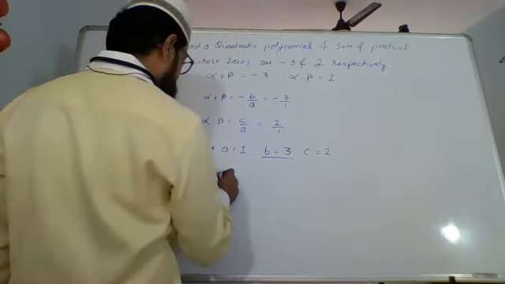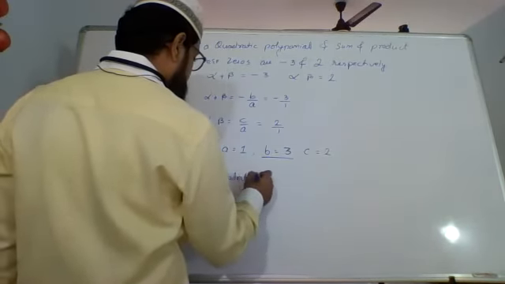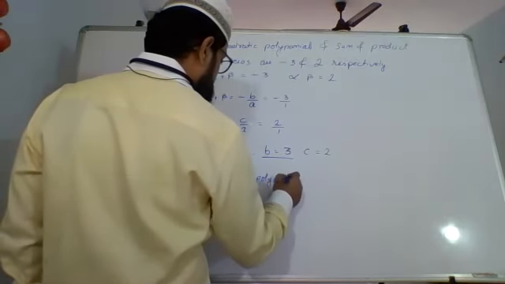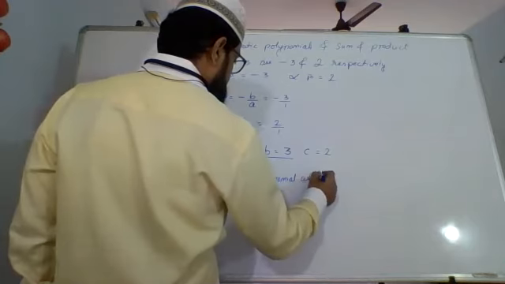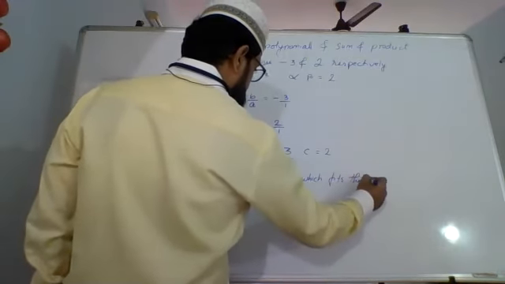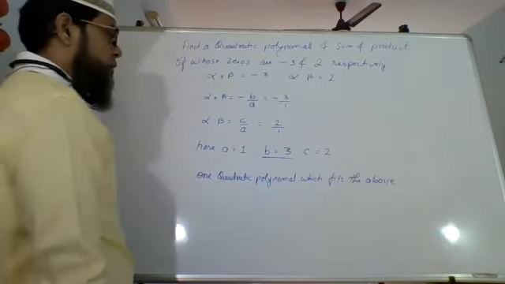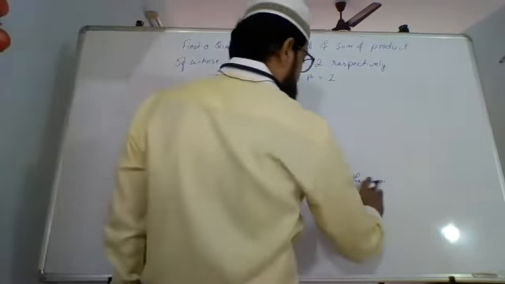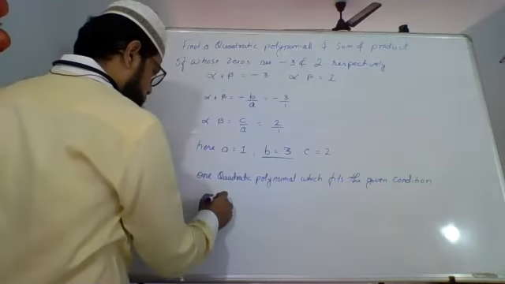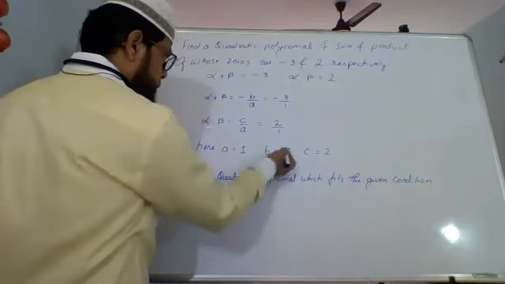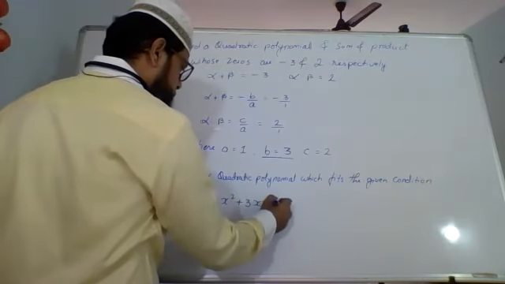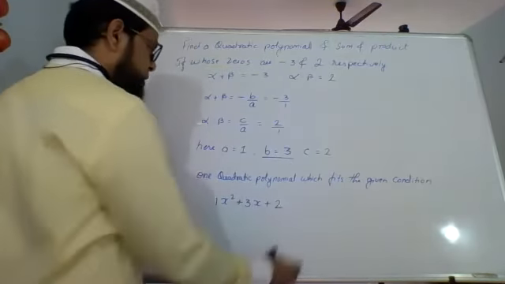There are multiple, therefore one quadratic polynomial which fits the given condition is A is 1, so 1 x square plus, because B is 3, 3x plus 2. That is x square plus 3x plus 2.